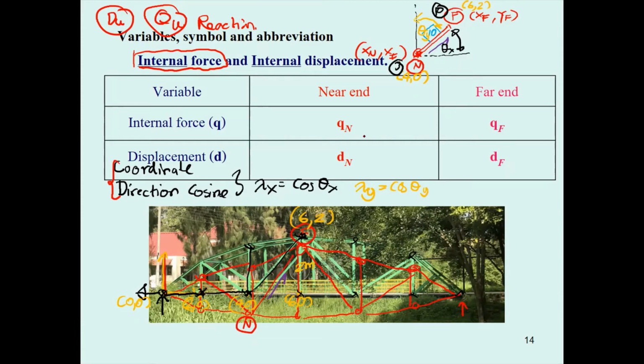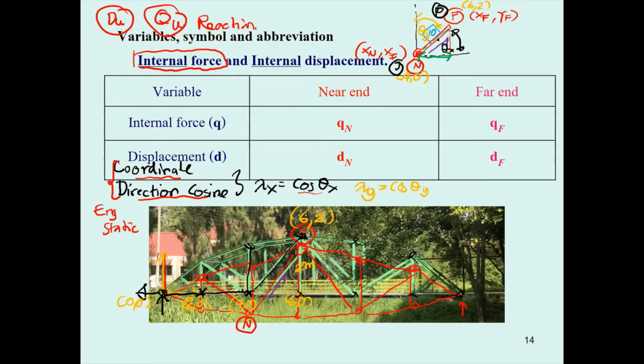Okay, the definition of the coordinate direction cosine from engineering statics: you can determine the coordinate direction cosine for theta x by using the length here divided by the length of the member, L.